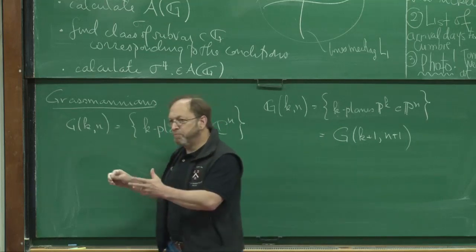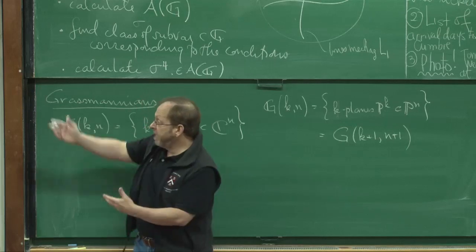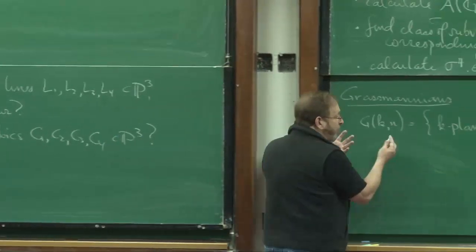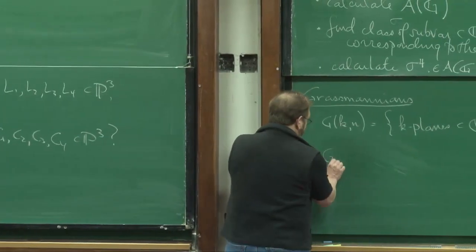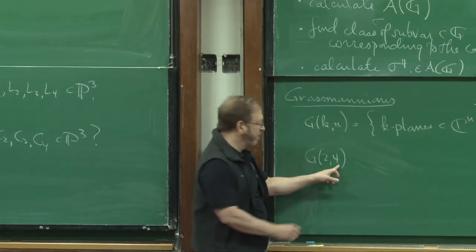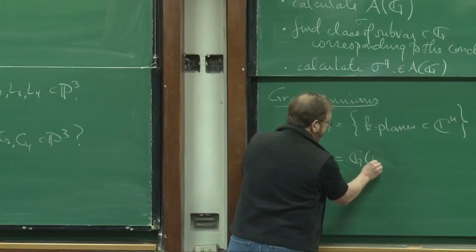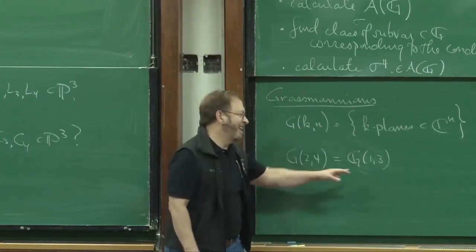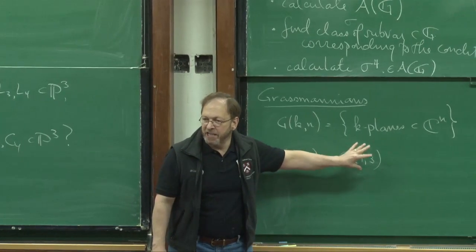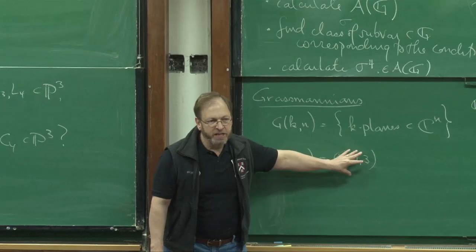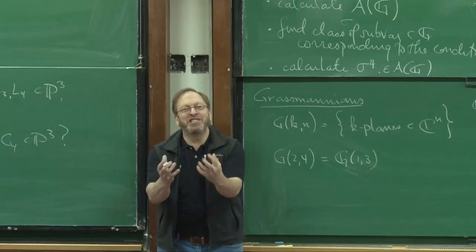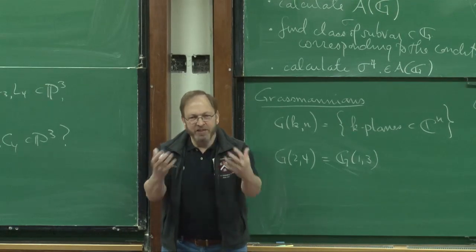On the other hand, when we talk about a particular example, like for example today we're going to be talking about the Grassmannian of lines in P^3, we could write it either as the Grassmannian of two-dimensional vector subspaces of a four-dimensional vector space, or, again, lines in a three-dimensional projective space. Which one would you rather try to visualize? And the point is, when we're talking about a specific Grassmannian, it often makes sense to use the projective notation because you gain one precious dimension in your ability to see what's going on.